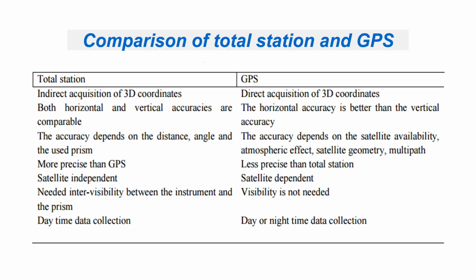It's a very important issue because with GPS equipment, the horizontal accuracy is better than the vertical accuracy. The accuracy of a total station depends on the distance, angle, and the used prism. A total station is more precise than GPS.